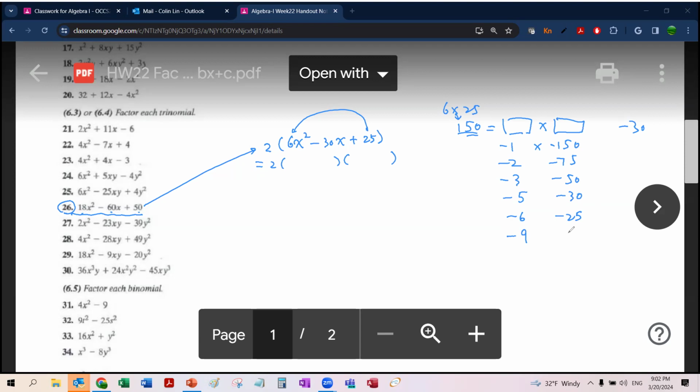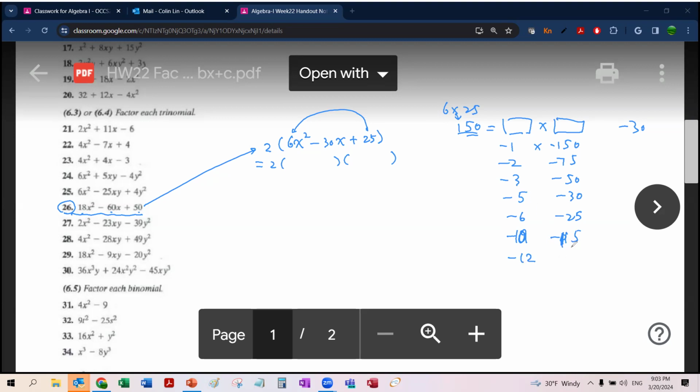Negative 9 cannot divide 150, right? What about 10 and 15? Negative 12?